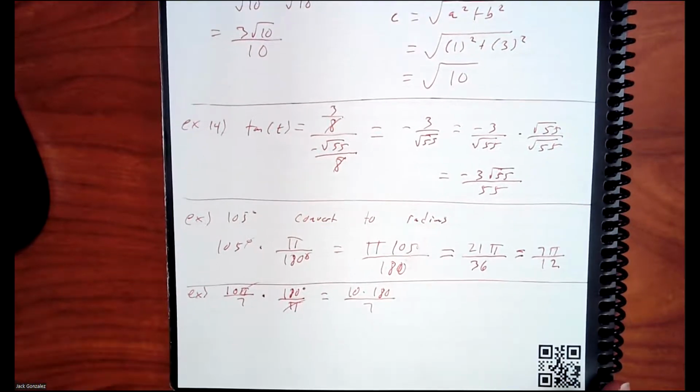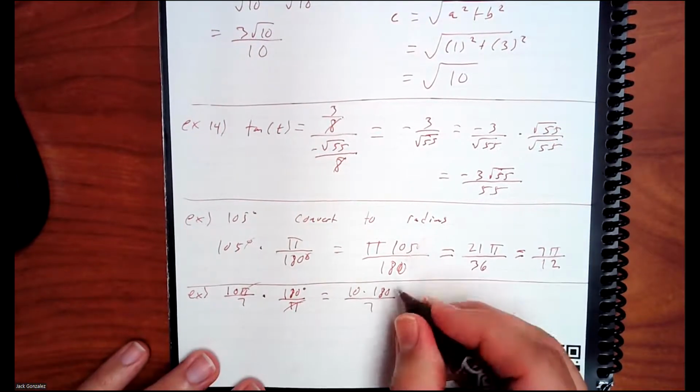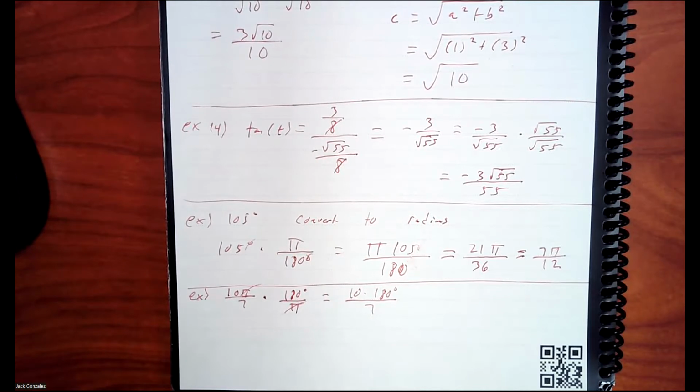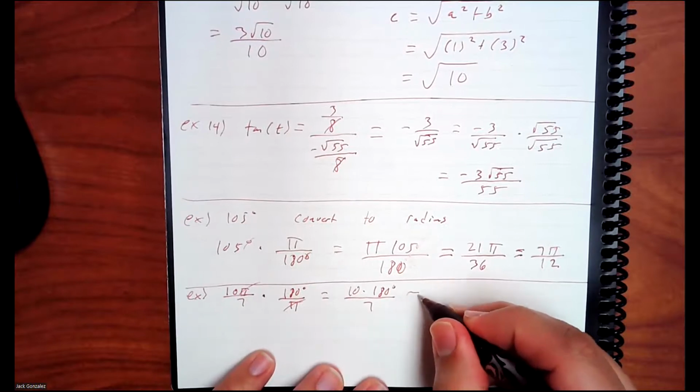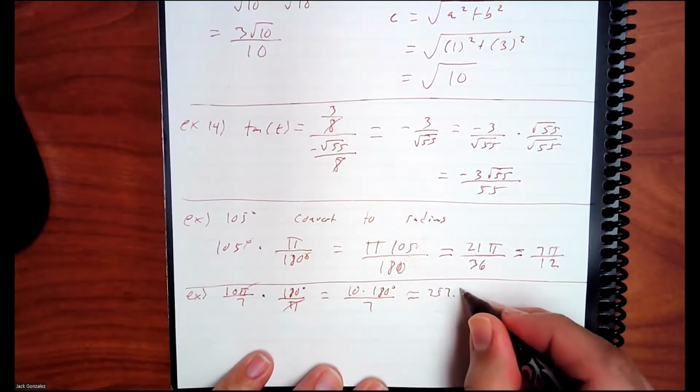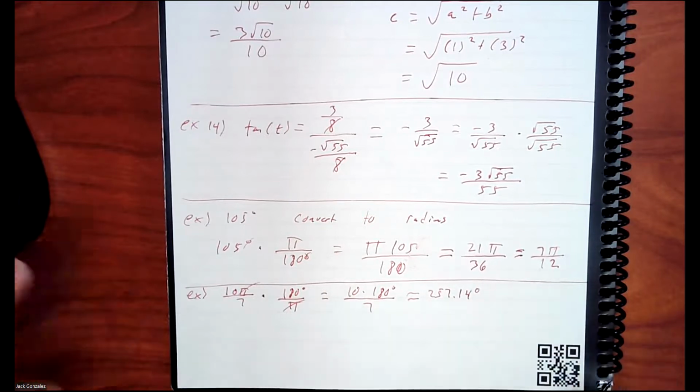I don't think 7 goes in there at all. The calculator gives an approximation of 257.14 degrees.